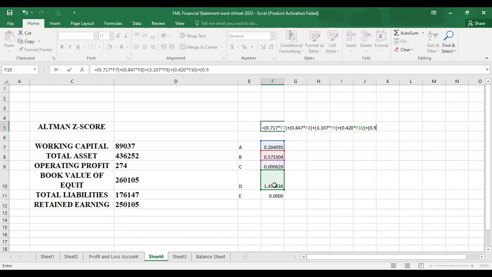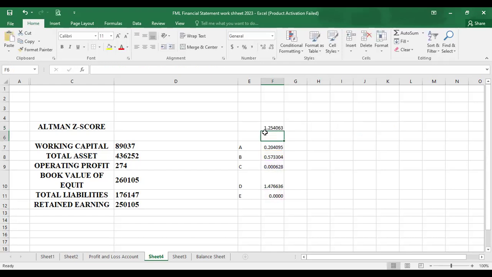Yes. 0.998 multiplied by E. So when we put it in, we have 1.25 as FANMOX's 2020 Altman Z-score.